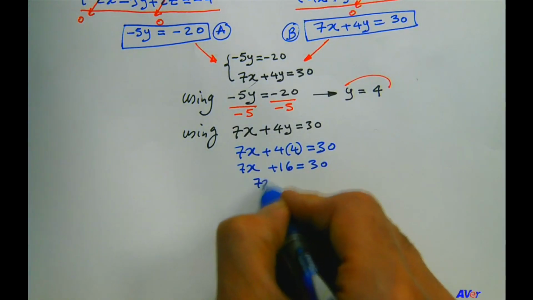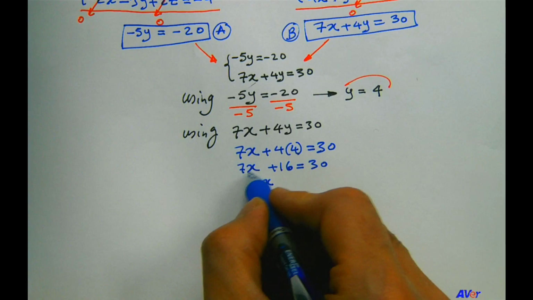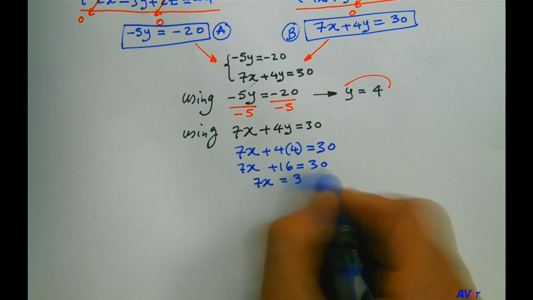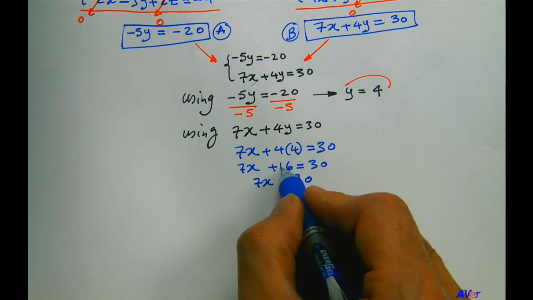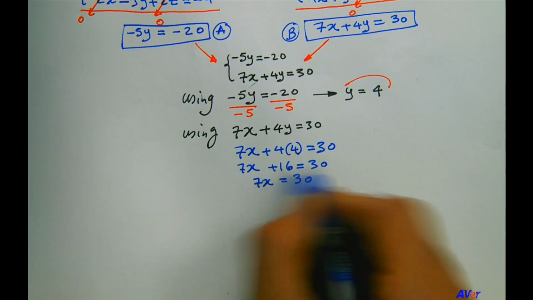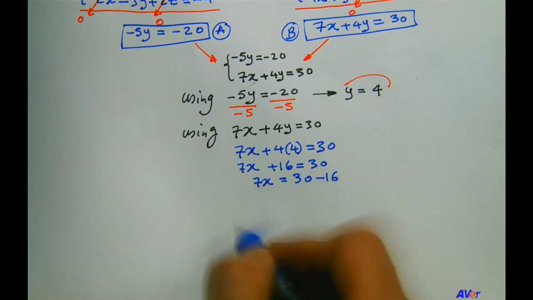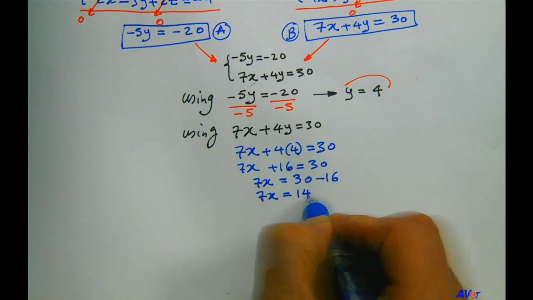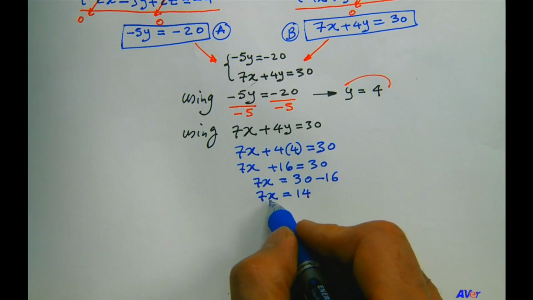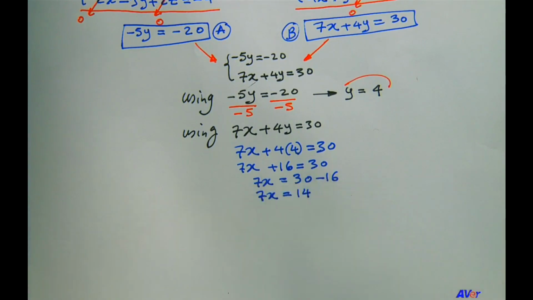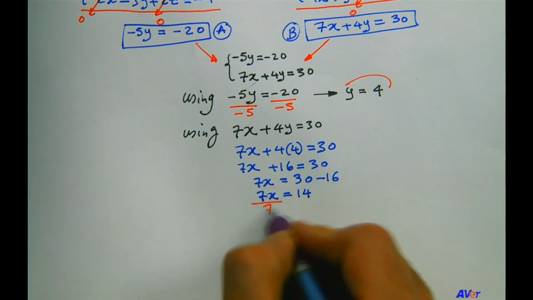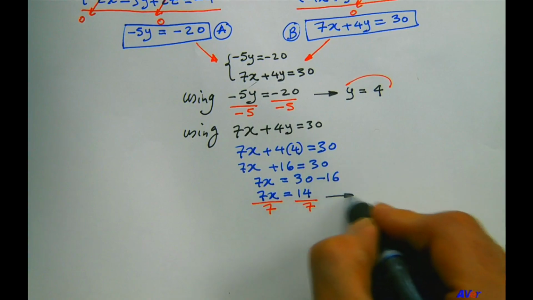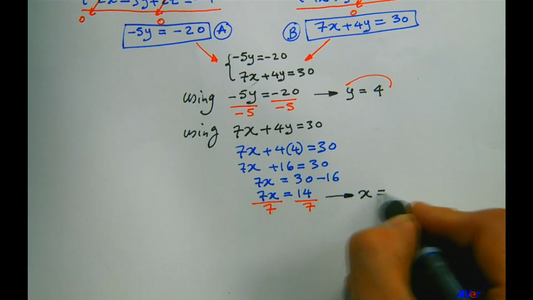Then we need to solve for x, which is to isolate x. Let's get rid of the 16 by sending it to the other side, where the positive becomes negative. Then 7x equals 14. Of course, x is isolated by dividing both sides by 7, so we end up with x equals 2.